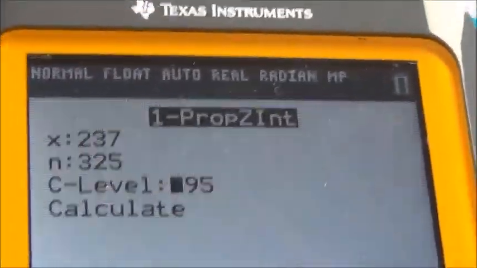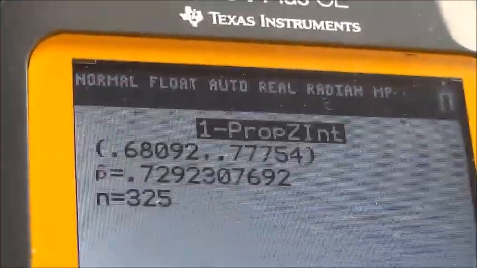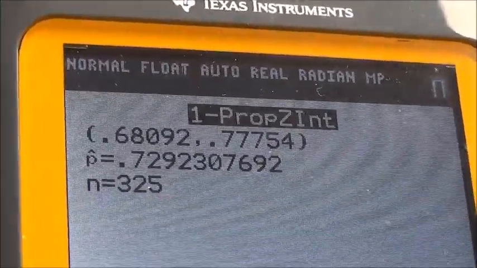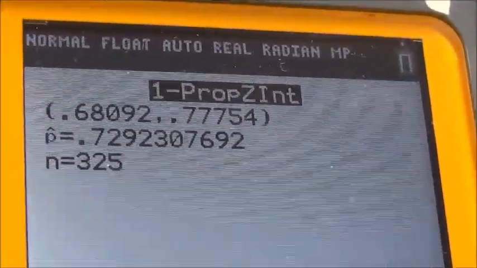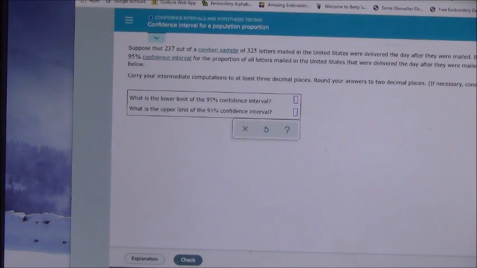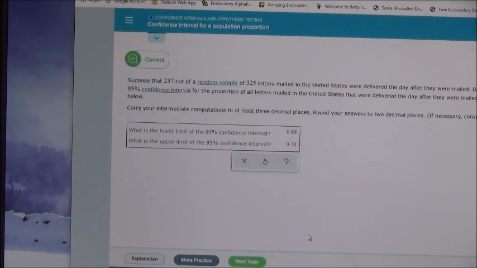My confidence interval again is 95%. If I calculate, I get 0.681 to 0.778. This says to 2 decimal places, so if I round my answers off to 2 decimal places, I would have 0.68 to 0.78. And again, they want you to practice using the formula, but you can check it on your calculator.